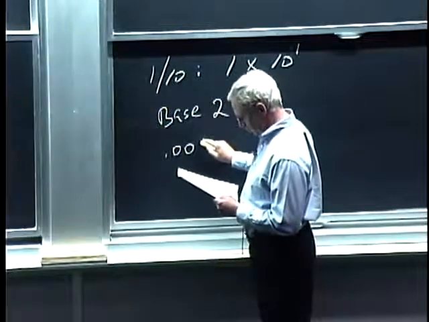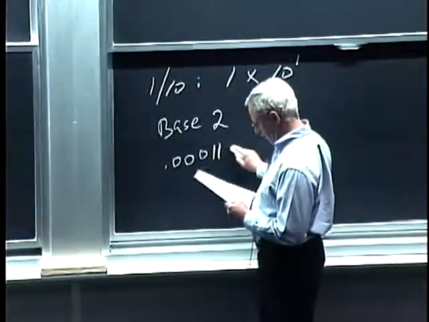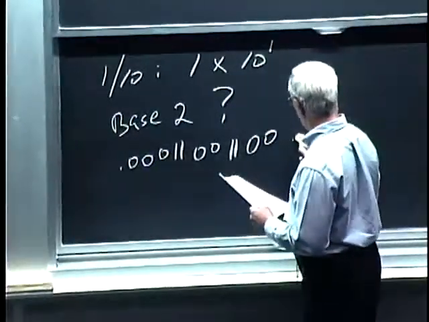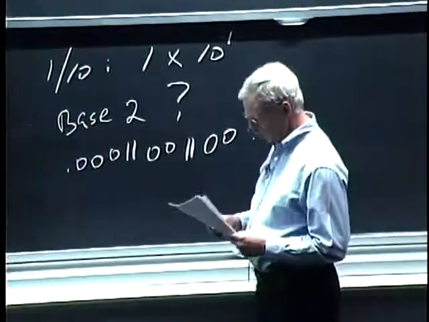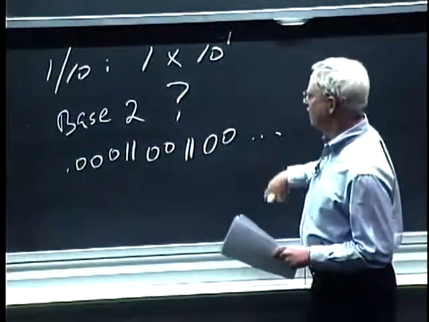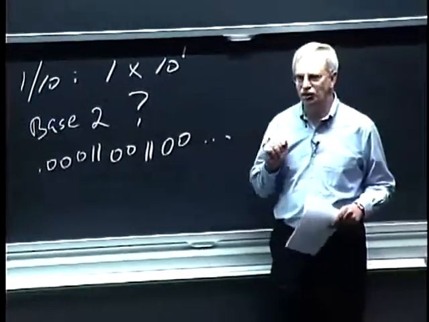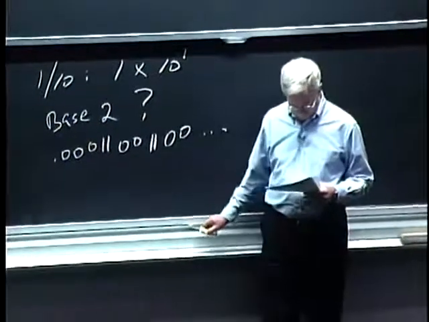0, 0, 0, 1, 1, 0, 0, 1, 1, 0, 0, and etc. Stop at any finite number of bits, and you get only an approximation to the decimal fraction 1/10.